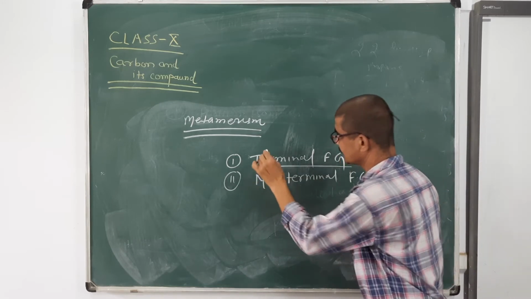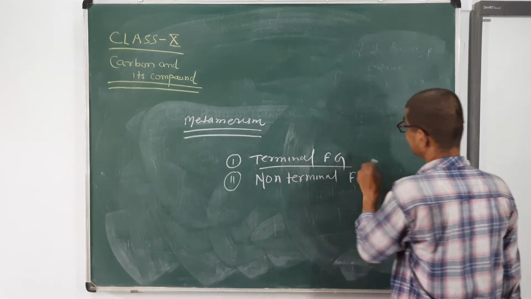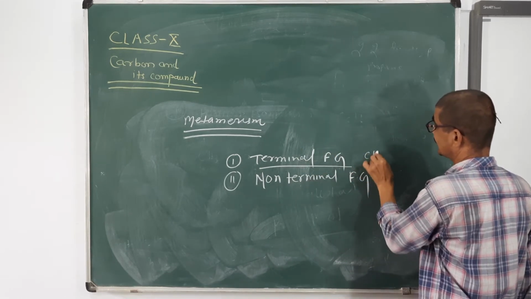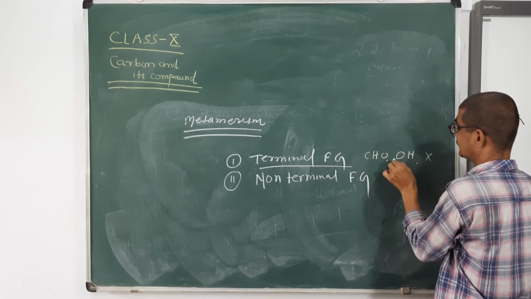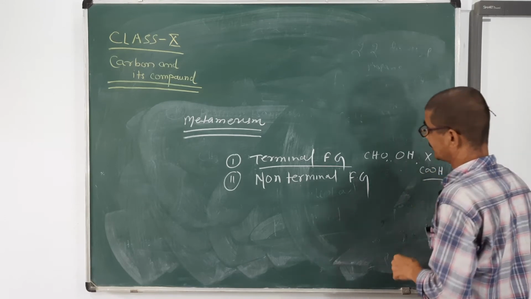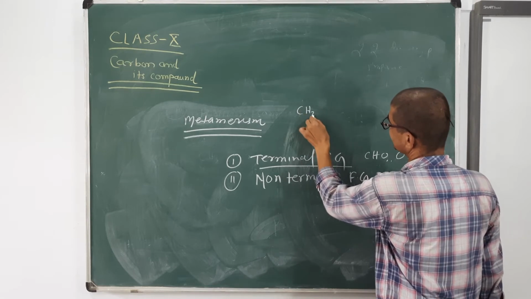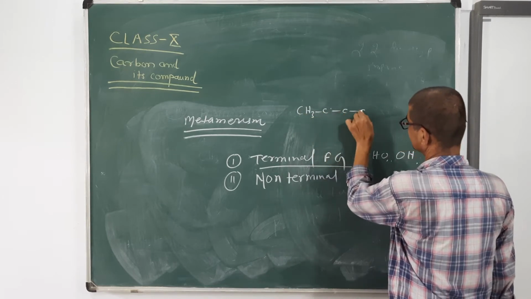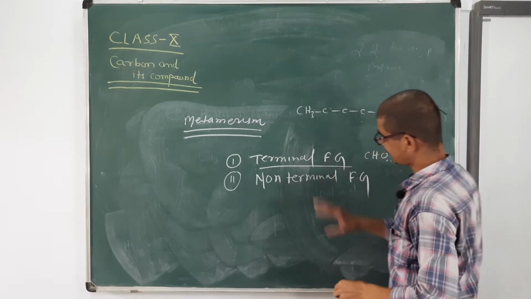In case of terminal functional group, such as aldehyde, alcohol, halide, acid, this is called terminal because these functional groups just attach at the end of the carbon atoms. That's what is called terminal functional group.